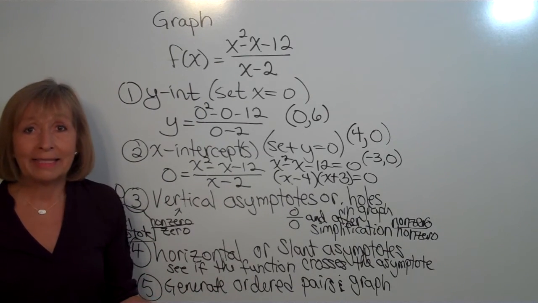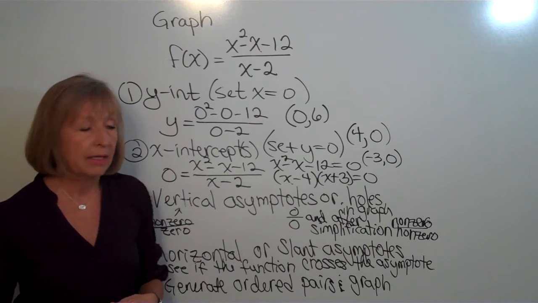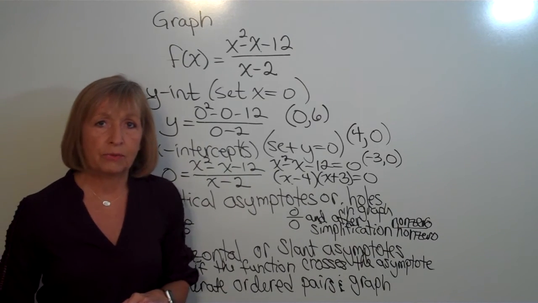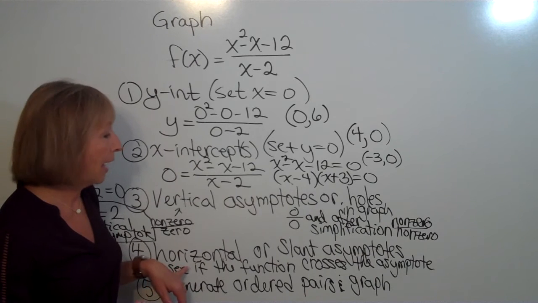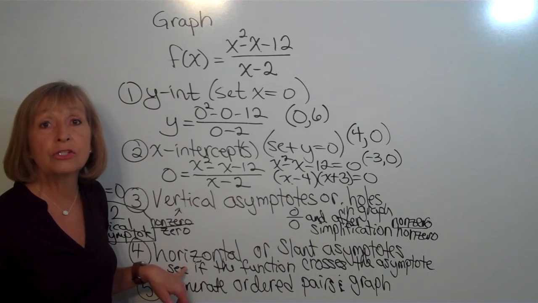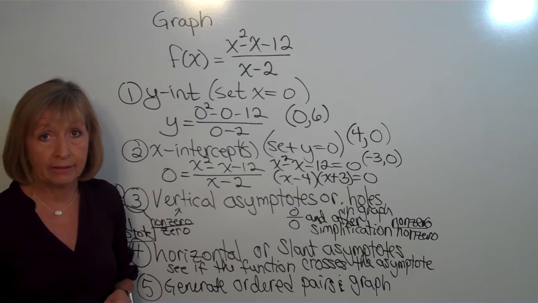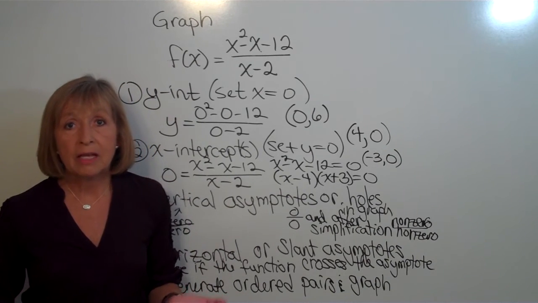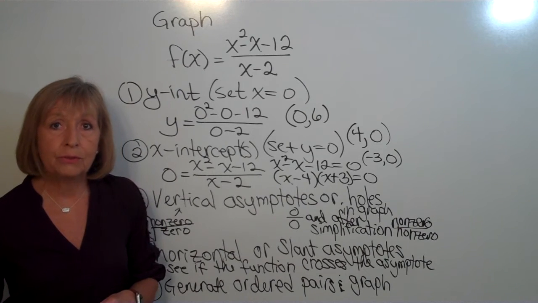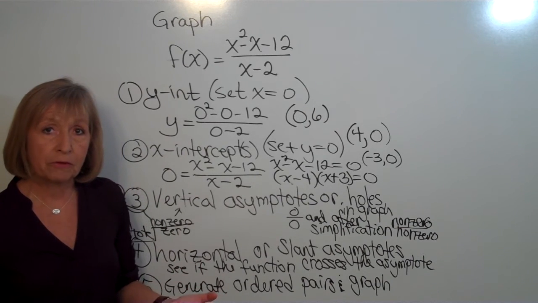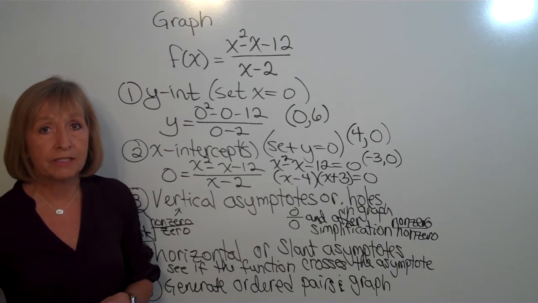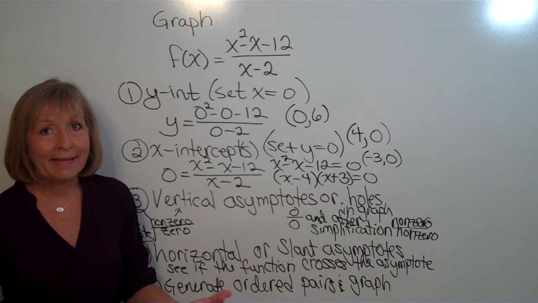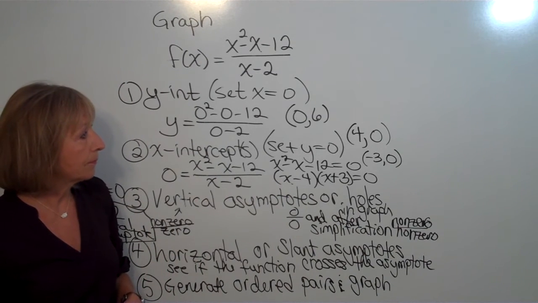So how do I find the slant asymptote? There's a couple different ways to do it, but the way I'm going to show you in this video is to do long division of the polynomials. If you need to review long division of polynomials, I've also put a link to the video on long division of polynomials in the description of this video, so that you can click on that and get a quick review.